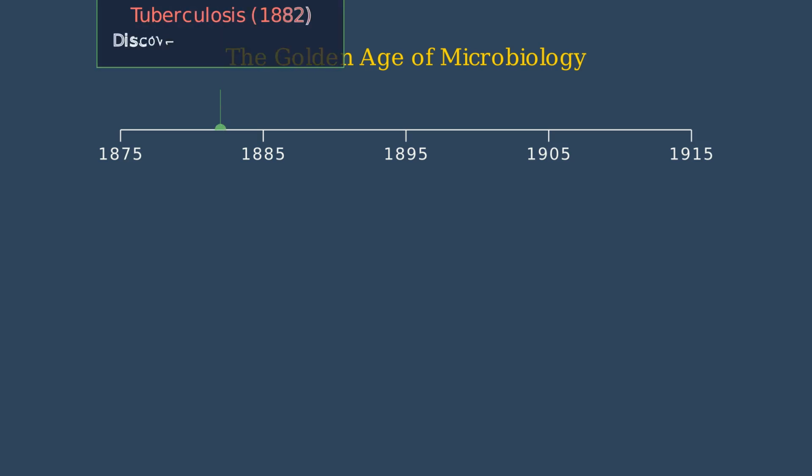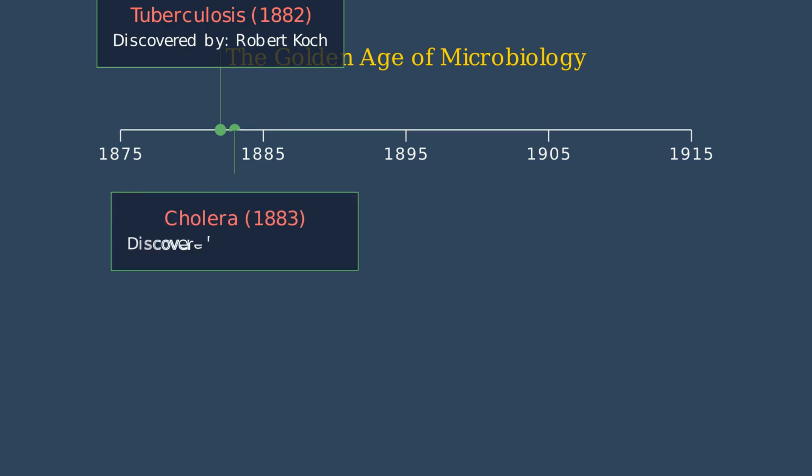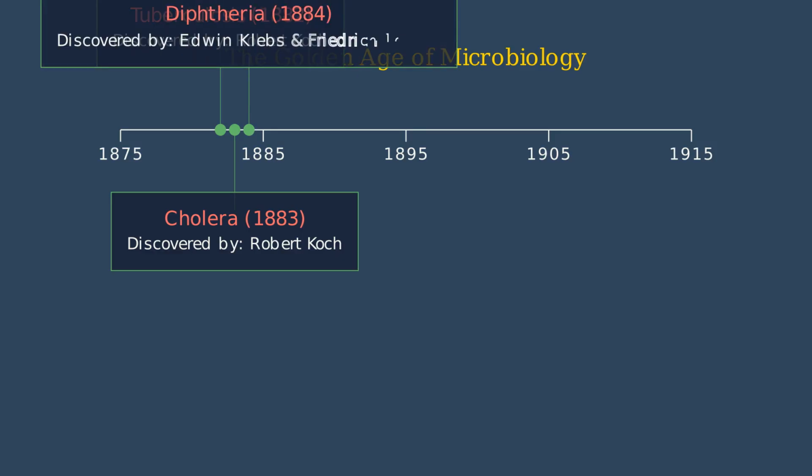In 1882, Robert Koch identified Mycobacterium tuberculosis, the bacterium causing tuberculosis, a disease that had plagued humanity for centuries. In 1883, Koch discovered Vibrio cholerae, the causative agent of cholera, during an epidemic in Egypt and India. Klebs and Loeffler identified Corynebacterium diphtheriae in 1884, the bacterium responsible for diphtheria, a major cause of childhood mortality.